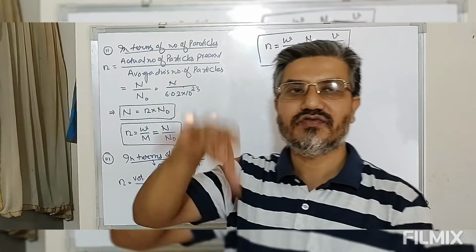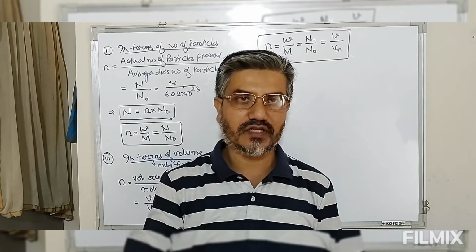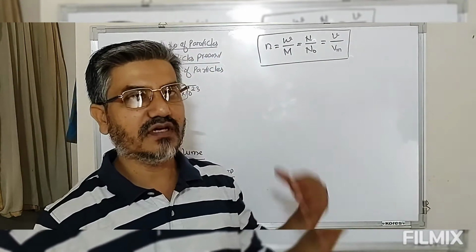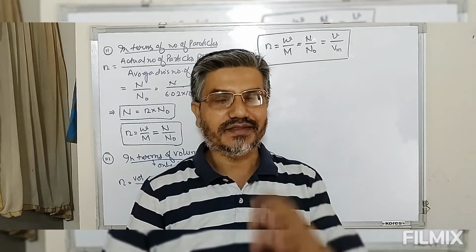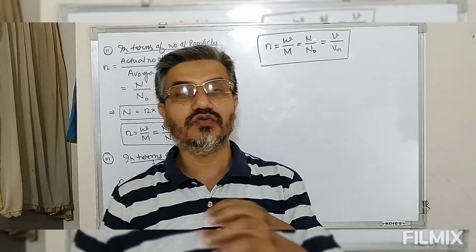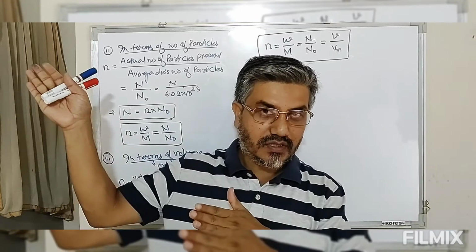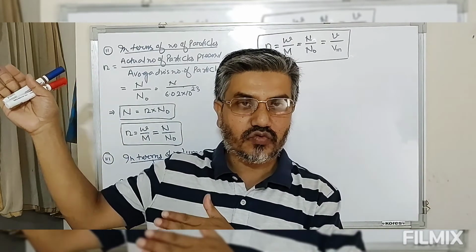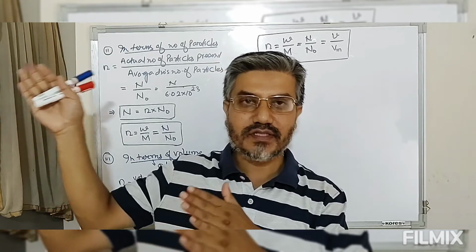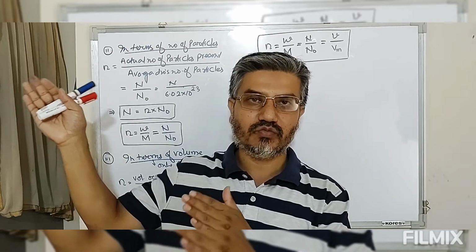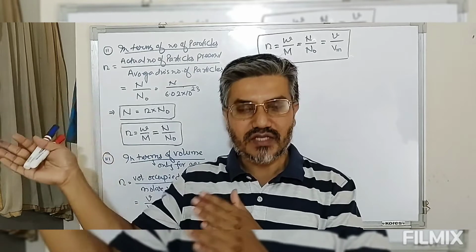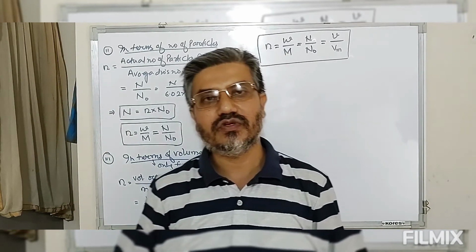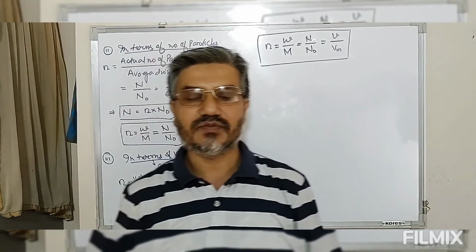always a fixed quantity which is 6.02 into 10 to the power 23, which is also known as Avogadro number of particles. And this 6.023 into 10 to the power 23 is coming from the mass spectrometer, which measures the 12 gram of carbon 12 isotope. When the 12 gram of carbon 12 isotope was measured by mass spectrometer, it was found to contain 6.02 into 10 to the power 23 atoms of carbon.